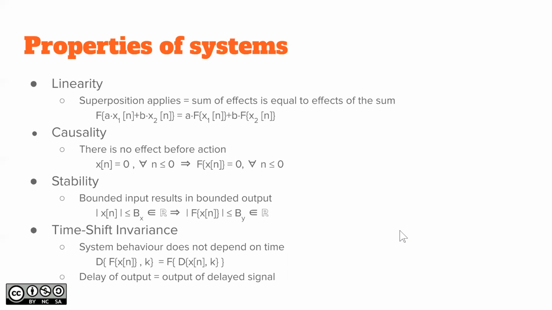Or is it 7 a.m. to 7 p.m.? That's when you pay, but then the system behavior changes at 7 p.m. You don't have to pay for night parking in most regions of Helsinki. So practically time shift invariance is measured by whether the delay of the output is the same as the output for the delayed signal.